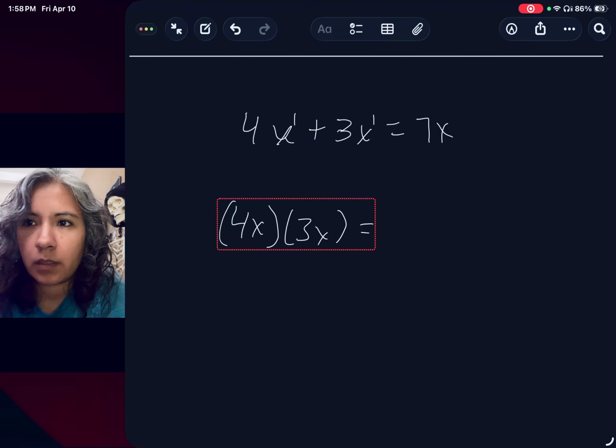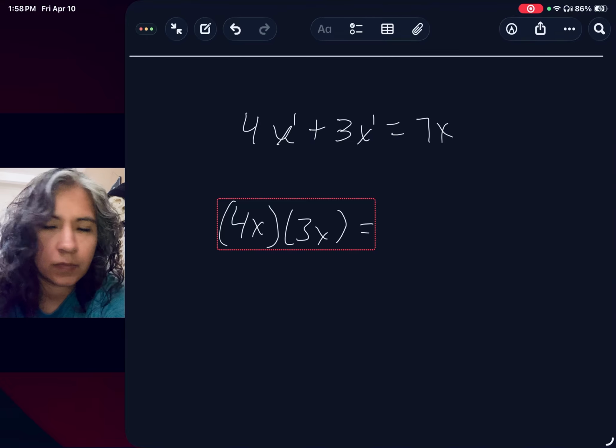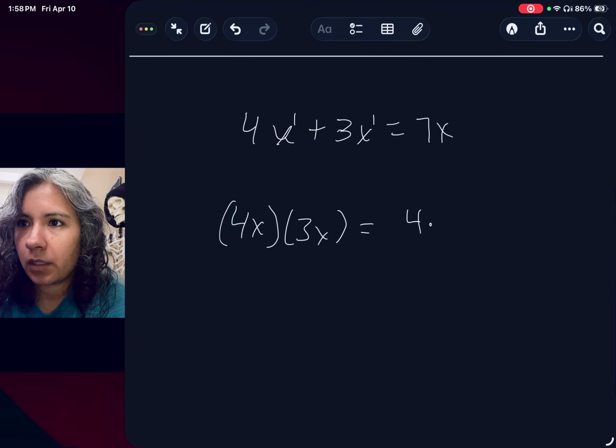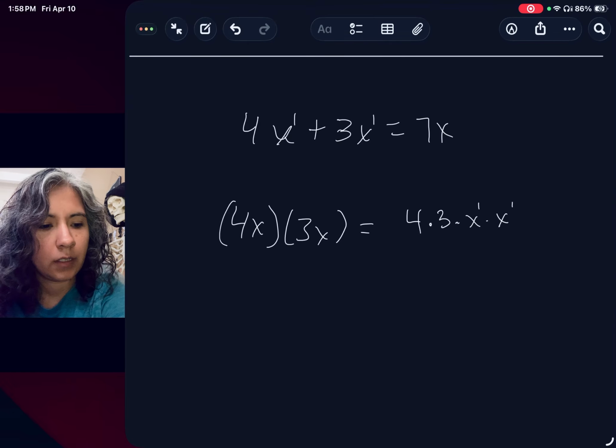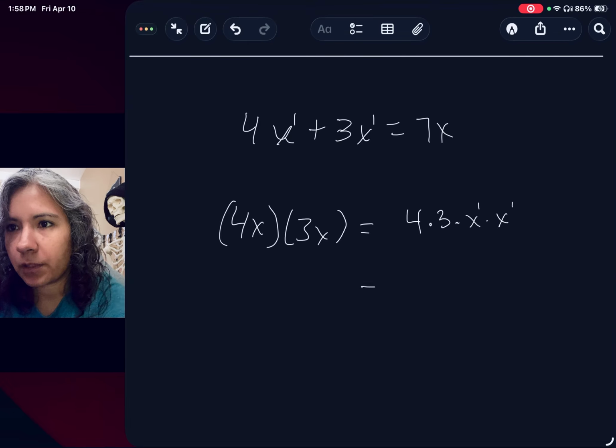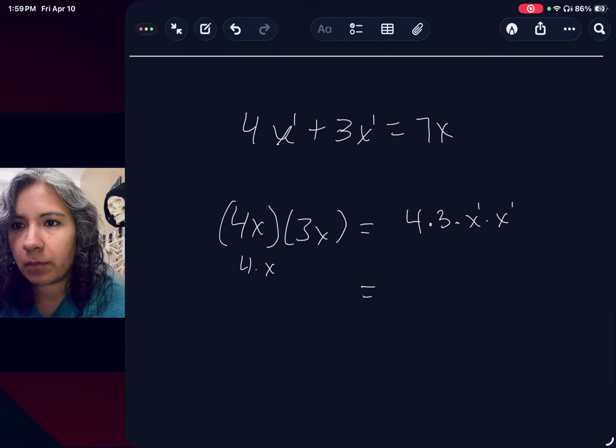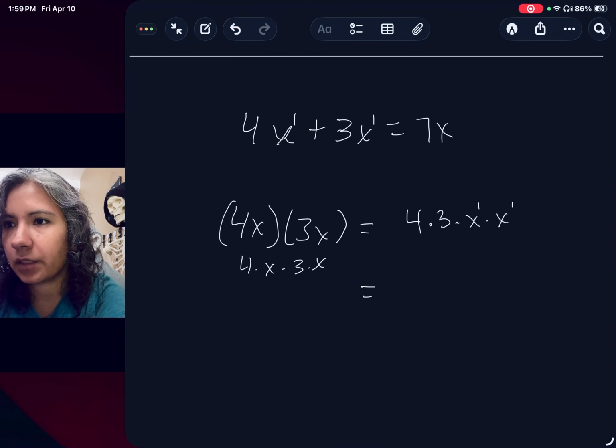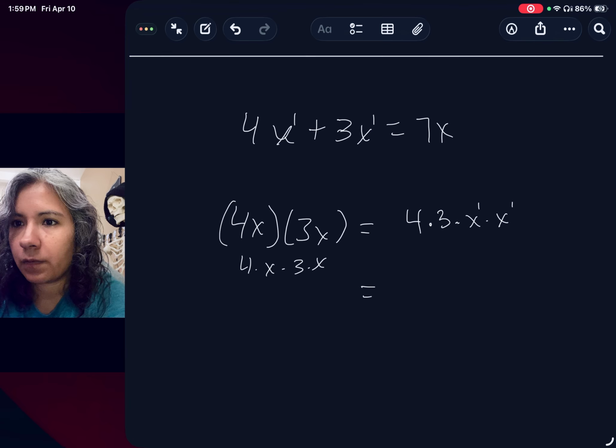So we have 4 times 3 times x, right? And these are super secret ninja ones. So 4 times 3 is 12. And I just rearranged it as the same as 4 times x times 3 times x, right?